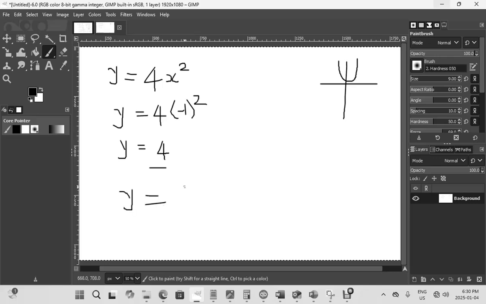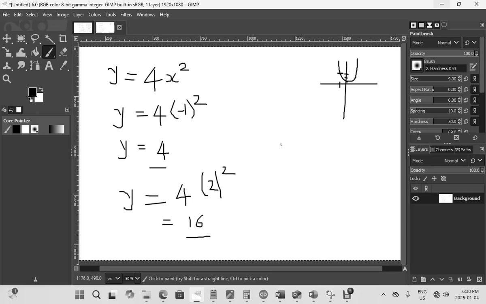If you want to get the value for x equals 2, this will be 4 times 2 squared, which is 4 times 4, which is 16. So for x equals -1, it will be 4, somewhere over here.